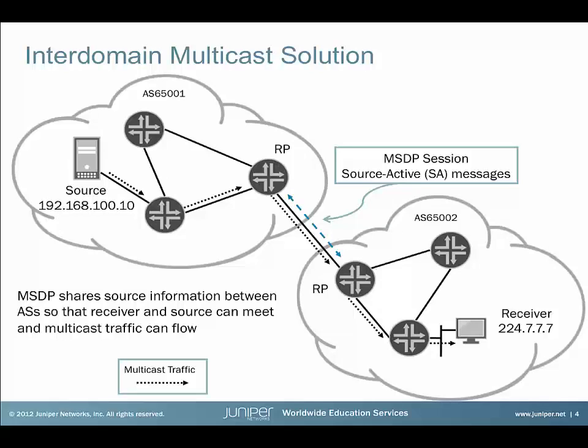In this way, the rendezvous point in AS65002 learns about the source 192.168.100.10 for the group 224.7.7.7, and the source and receiver can connect. Typically, less sources exist in the network than receivers, which is why the solution is to share source information rather than receiver information.